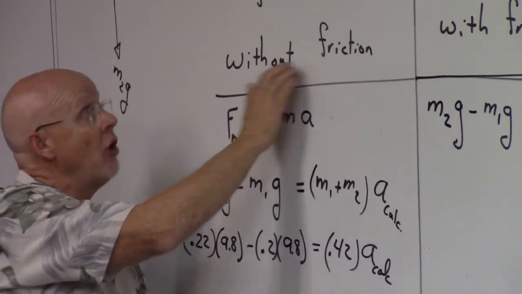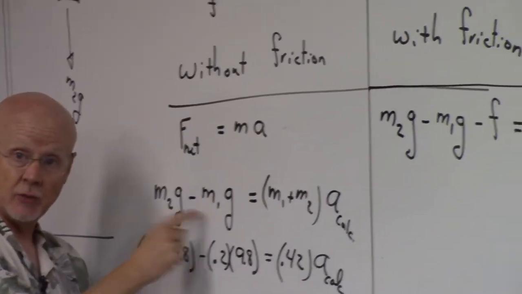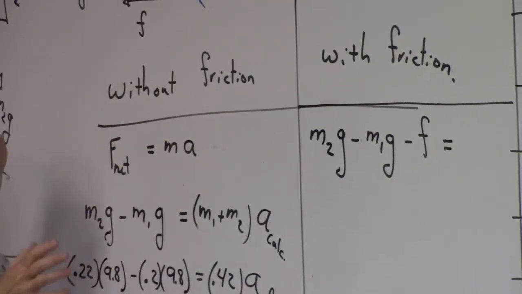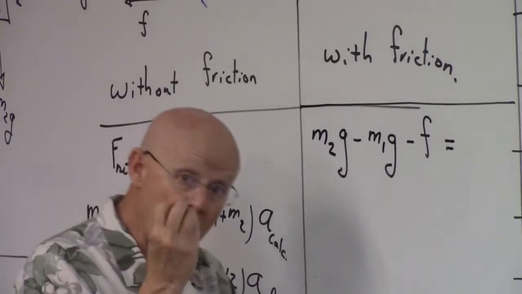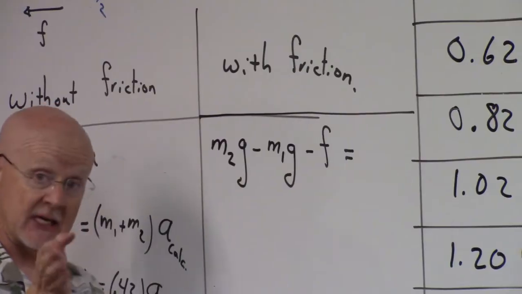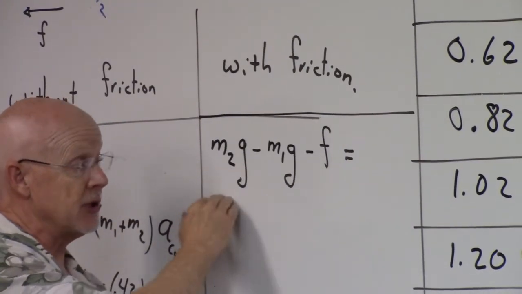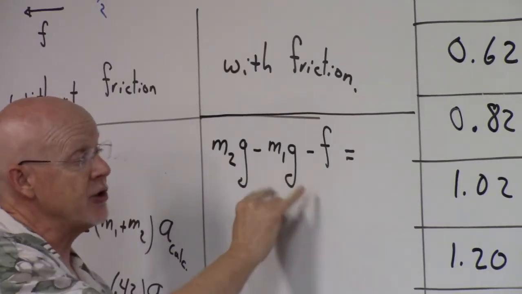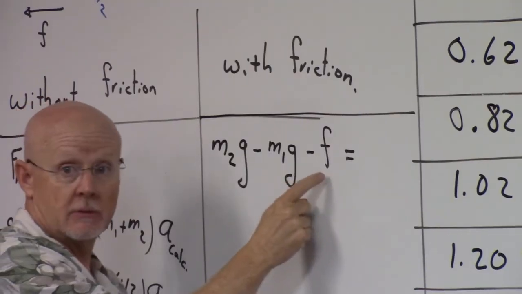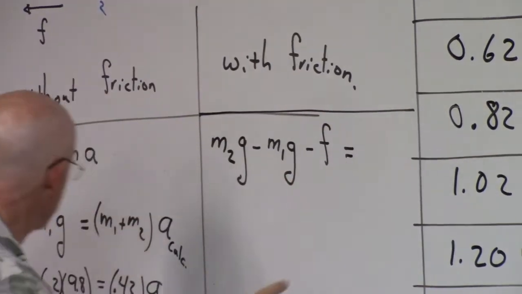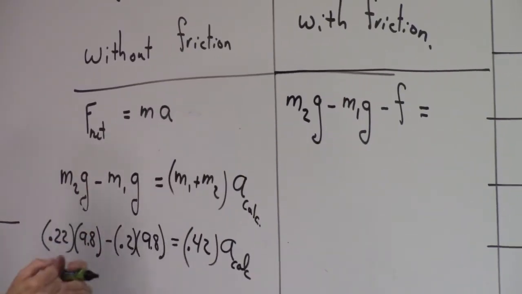So when we were ignoring the friction, there were only two forces, the weight of the individual masses. But now that we're including friction, there are three forces to add together. And it's a net force, so we have to watch our direction. So M2G is to the right, but the other two are to the left, so they get negatives, and that's the new piece that did not show up here, because here we just assumed there was no friction.